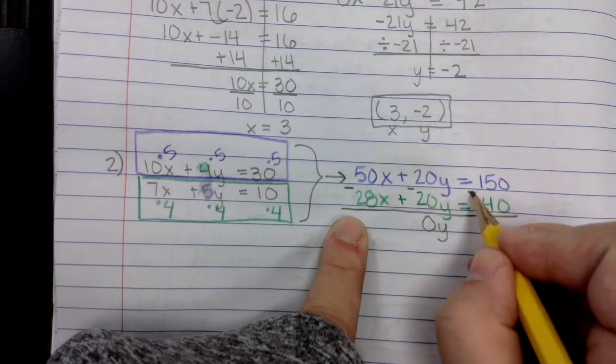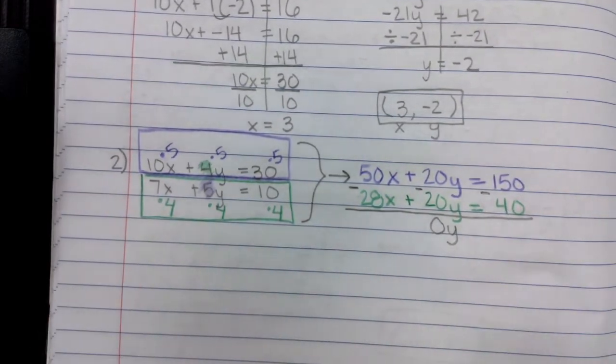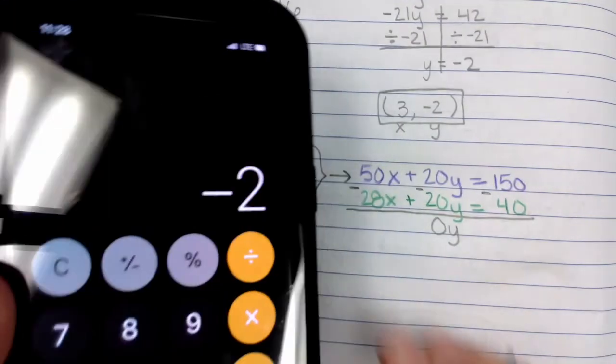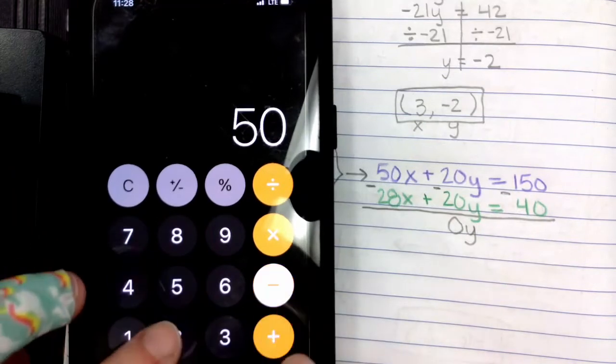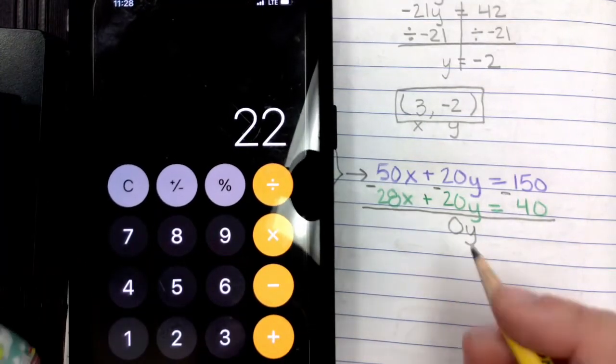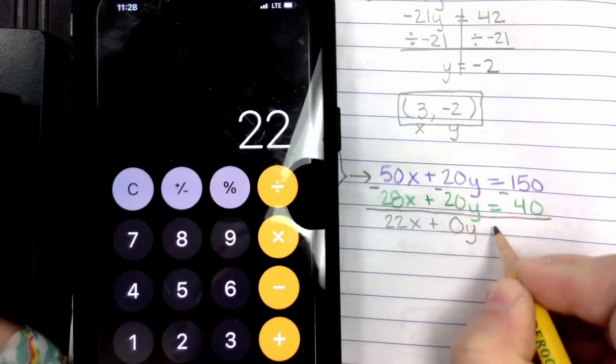All right, so 50 minus 28. Yep, 22. 150 minus 40, 110.